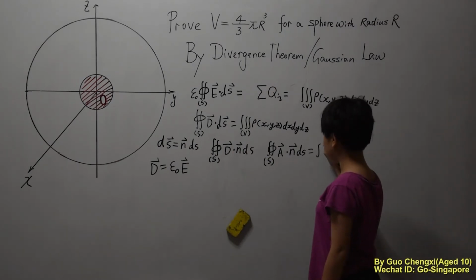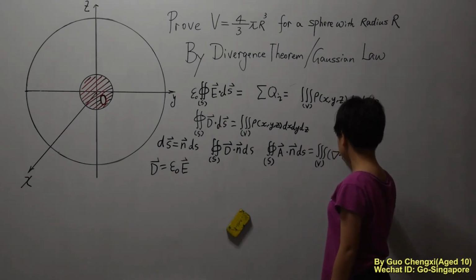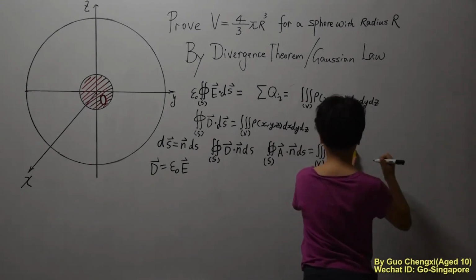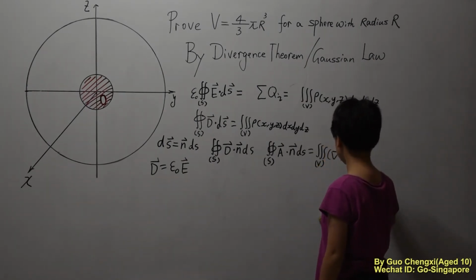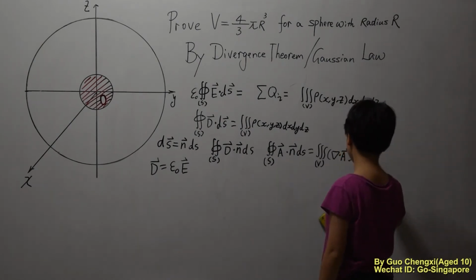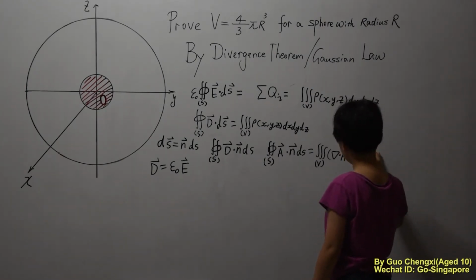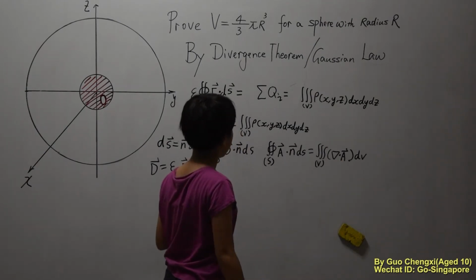So this will equal to triple integration, then dv. But wait, what is this thing? This is called del.